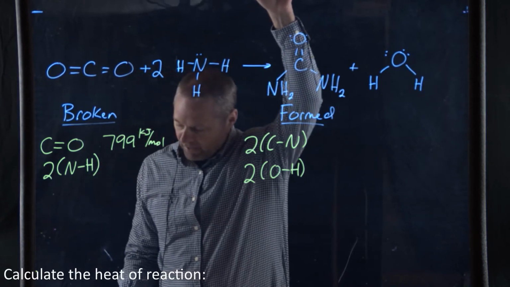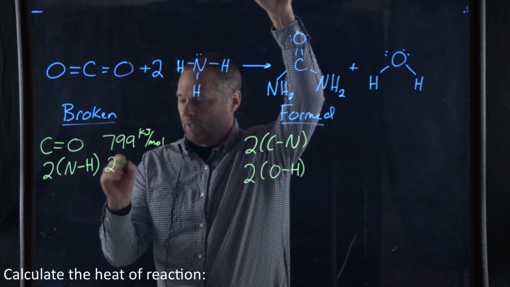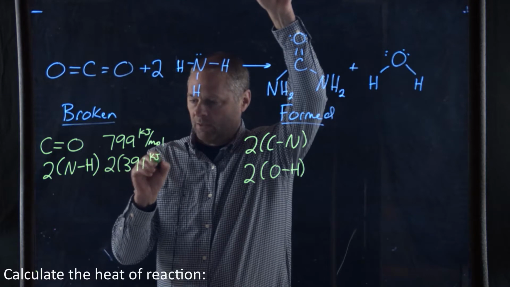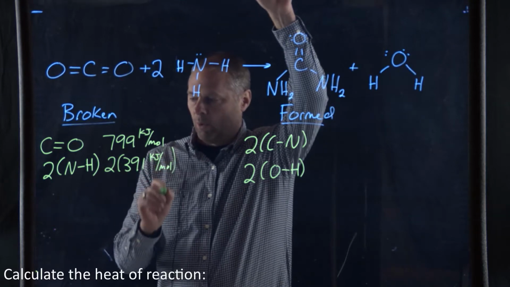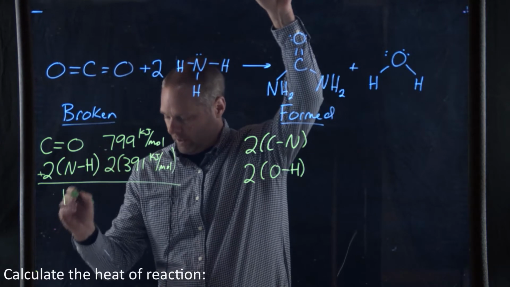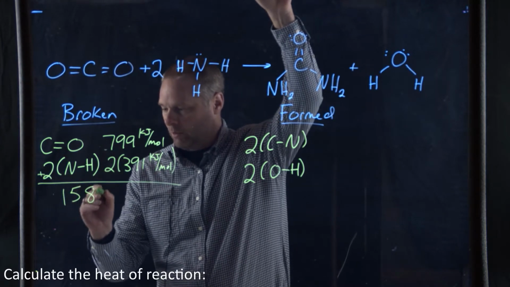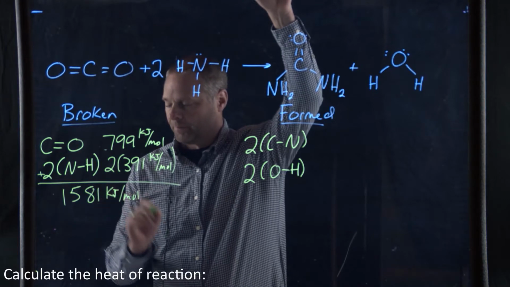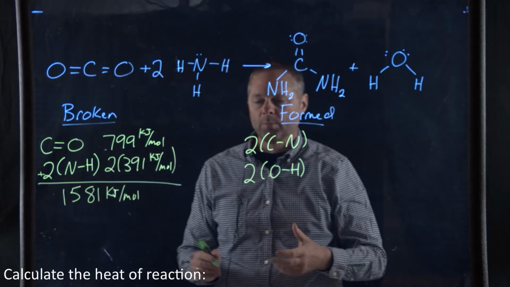The nitrogen hydrogen one, each one is 391 kilojoules per mole. And so you can sum the 2 of these up and you get 1581 kilojoules per mole, the energy required to break it.